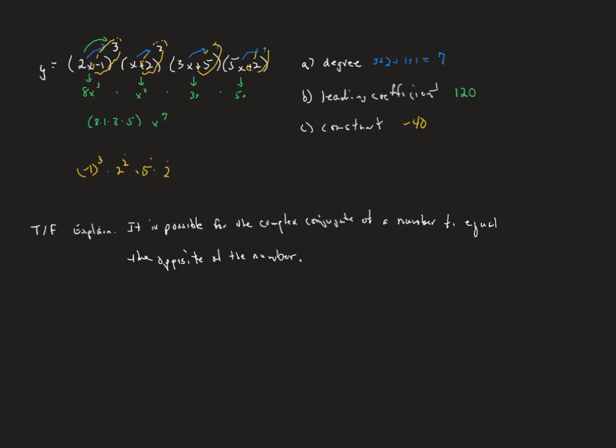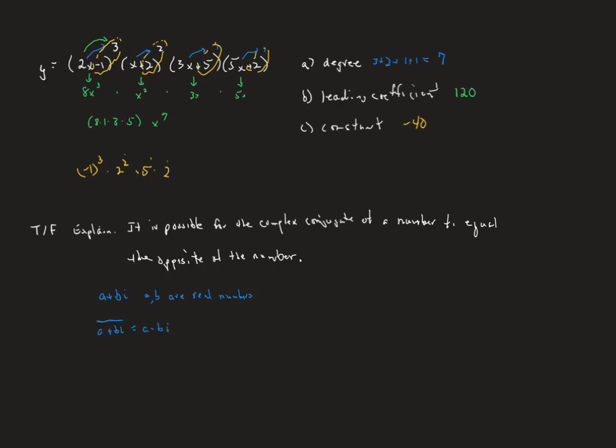So remember, if we're talking about complex numbers, something in the form a plus bi, where a and b are real numbers, a and b can be any real number, and that could include 0. The complex conjugate, we write that as a plus bi with a bar over it, and that is a minus bi.